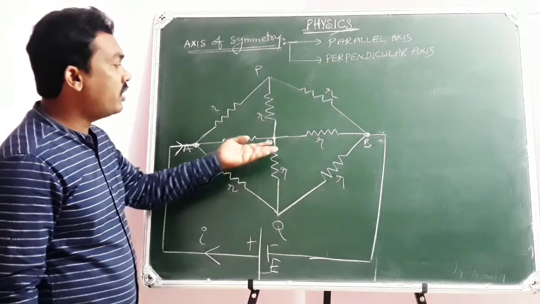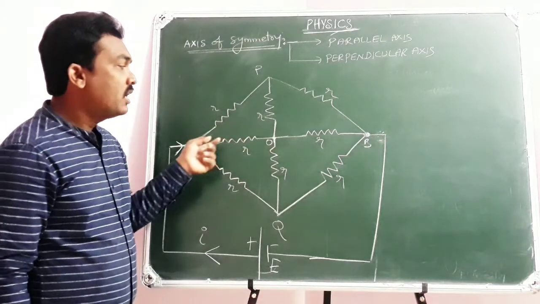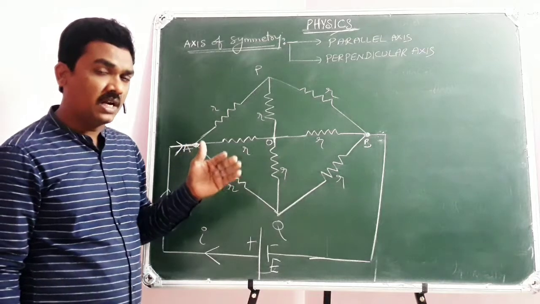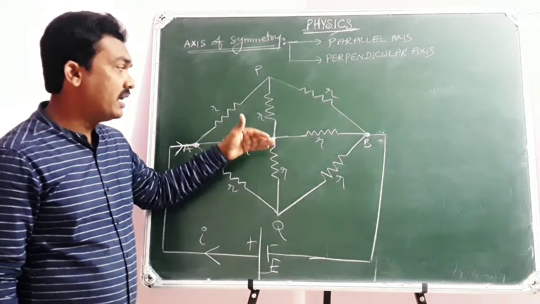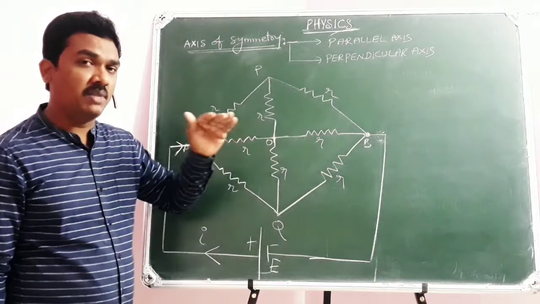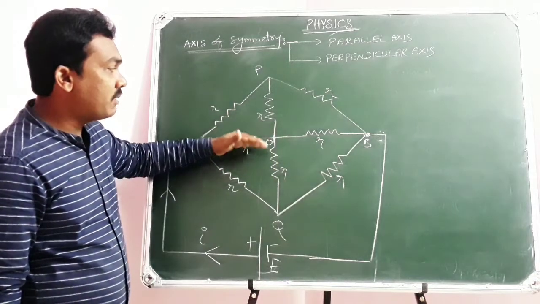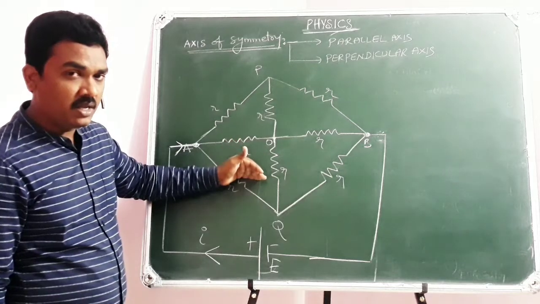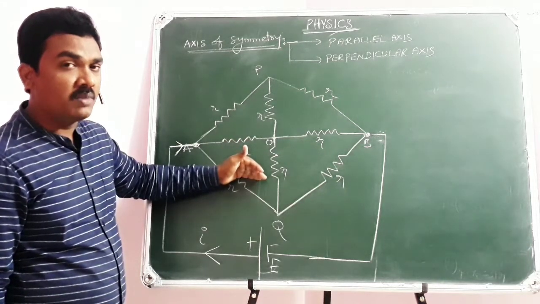If you fold the electric circuit about the line AB, where AB is the axis of symmetry, the portion above the line AB and the portion below the line AB are just like mirror images.